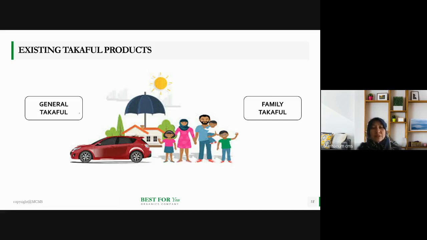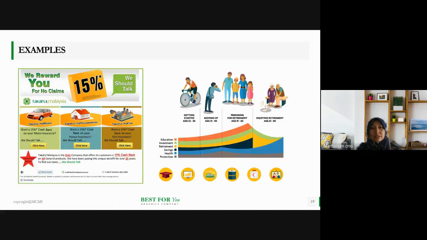But general Takaful covers other than people, like a car or buildings. Examples are Takaful My Motor, Takaful My House Owner, and Takaful My Fire. These are all general Takaful.